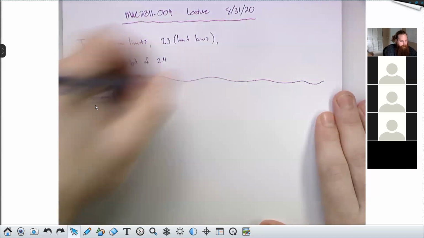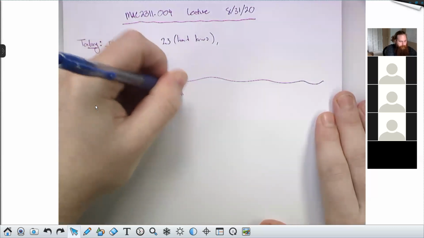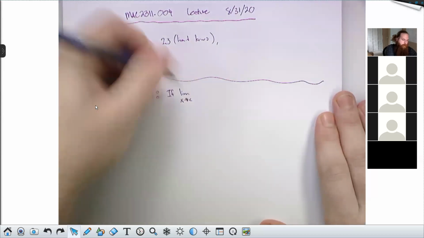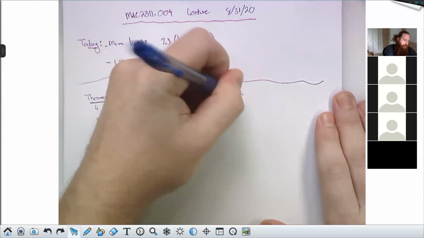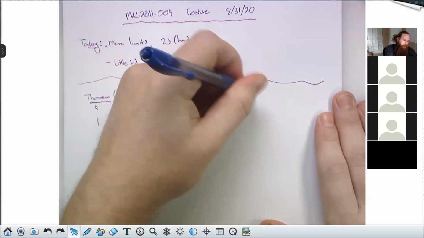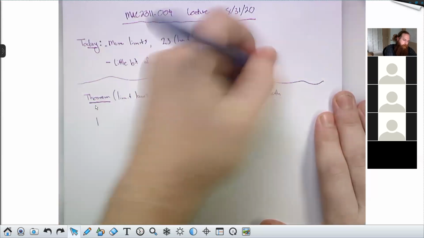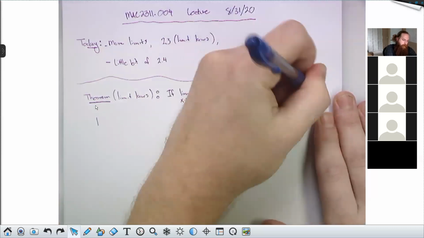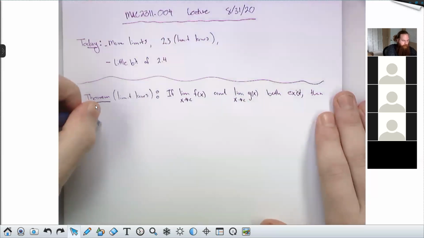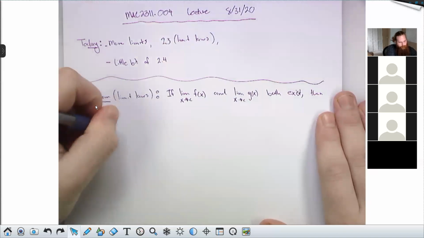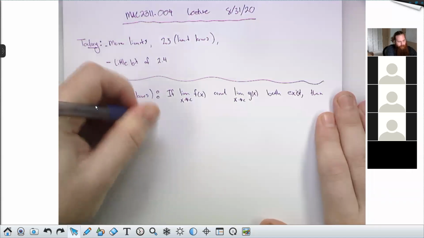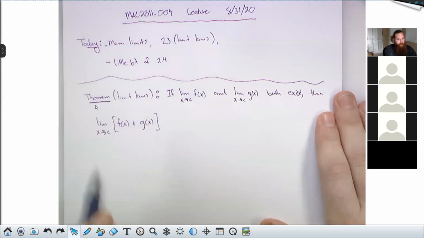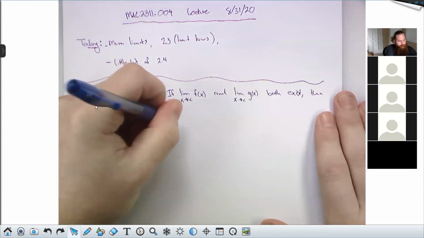So if the limit as x approaches c of f of x and the limit as x approaches c of g of x both exist, then the limit as x approaches c of f of x plus g of x, you have a limit of a sum of two functions, then you can split that up and take the limit of each on their own and then add them to each other.